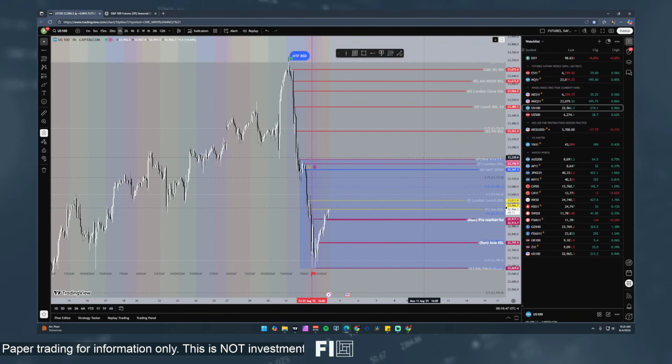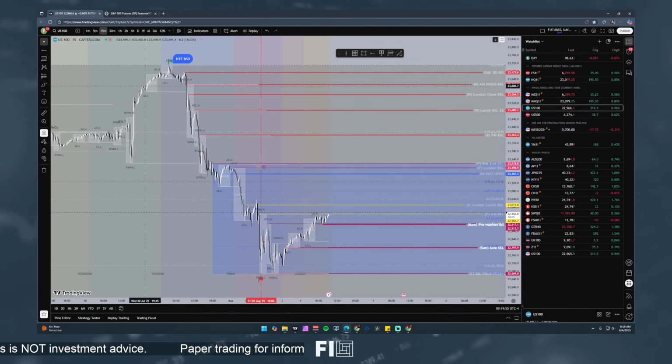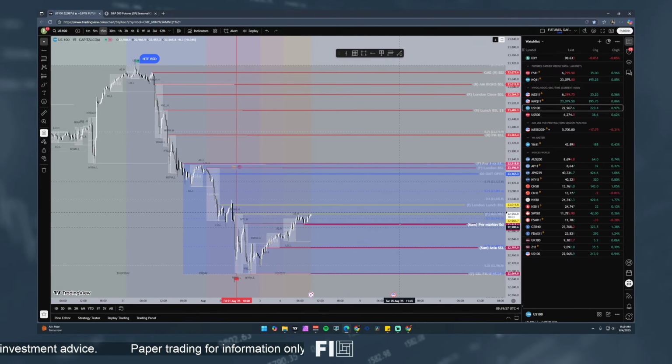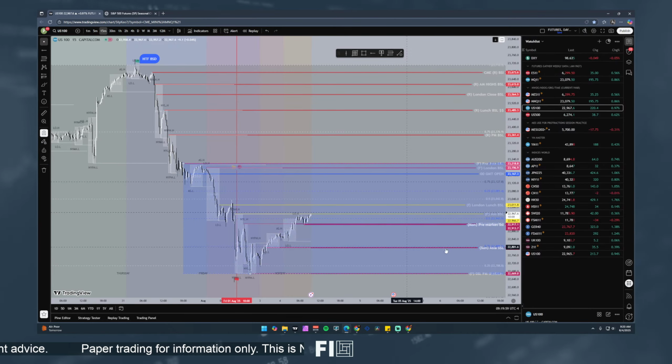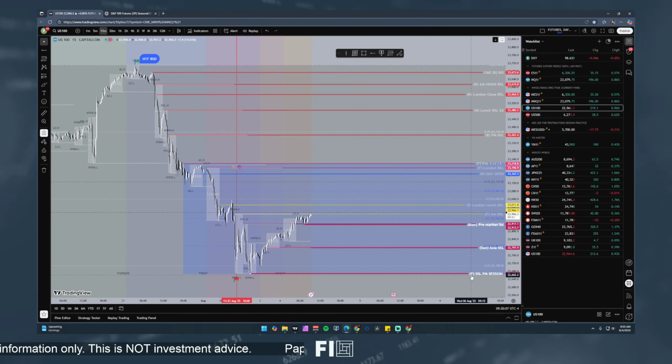During this time we can refer back to these old lows. So we have the pre-market sell-side liquidity and Sunday's Asia sell-side liquidity. And then we also have Friday's sell-side liquidity session from our PM. So we have a couple of SMTs down here at the bottom.